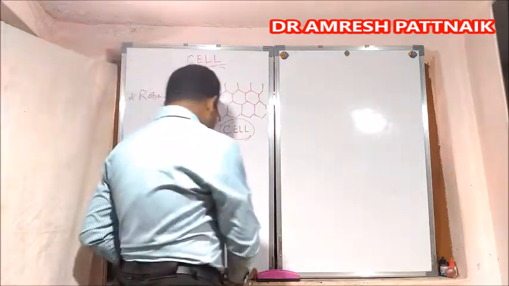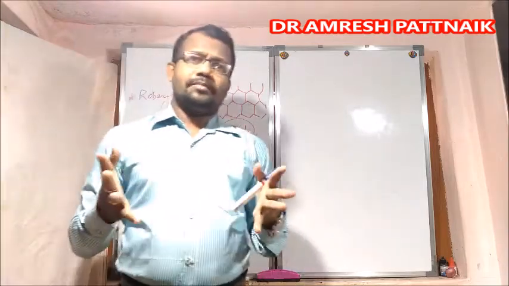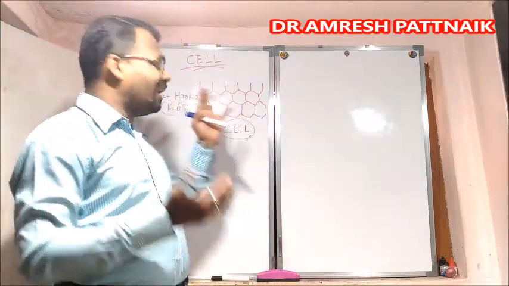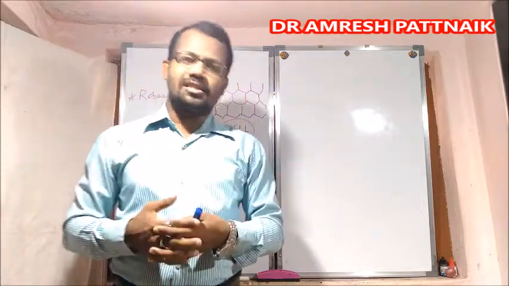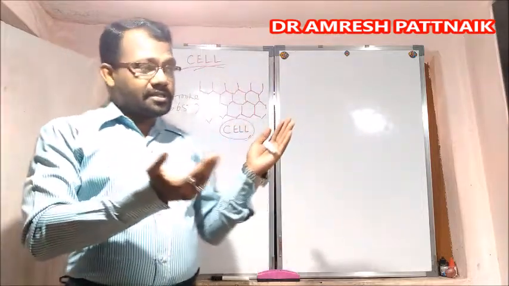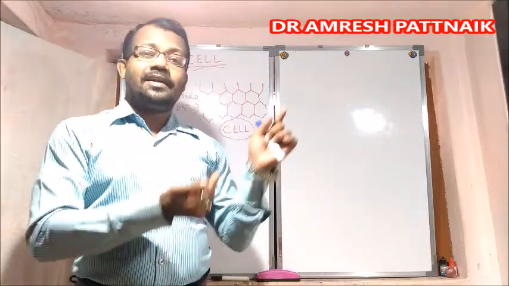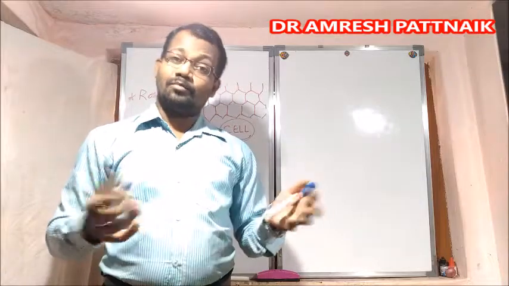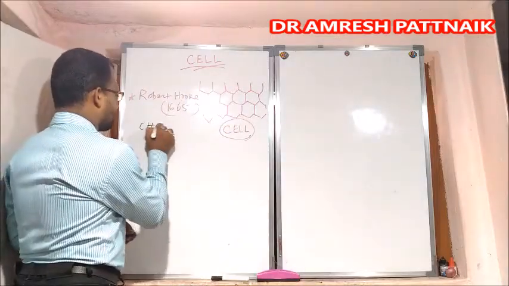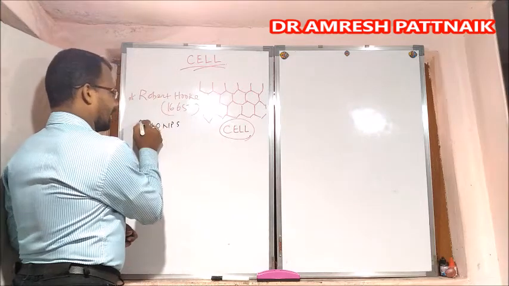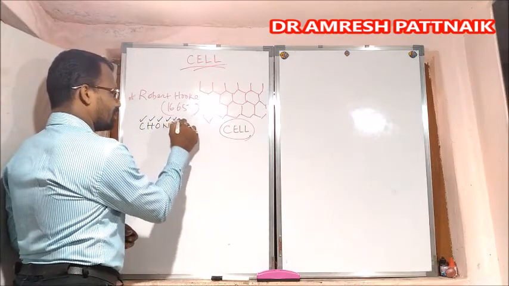After that, many things happened. Many investigations and researches went on about how the cell comes into being, and the idea came that the cell is derived from non-living things, mostly the elements carbon, hydrogen, oxygen, nitrogen, phosphorus and sulfur.